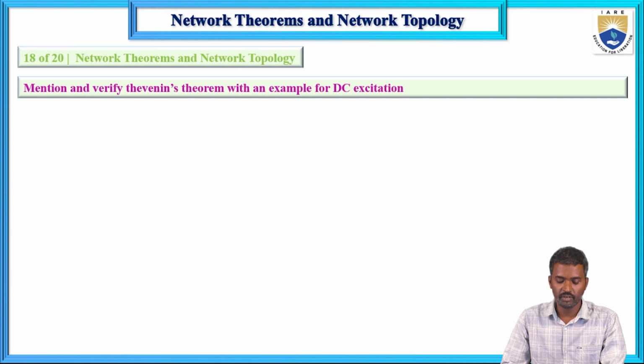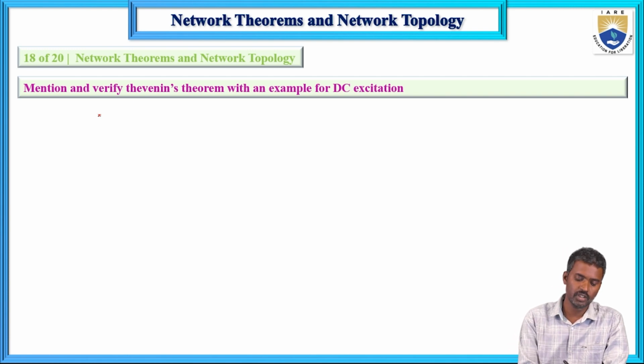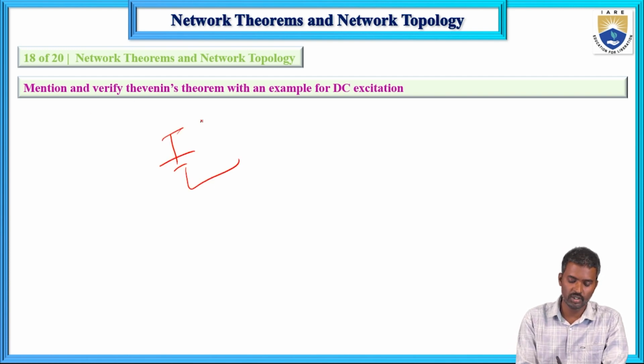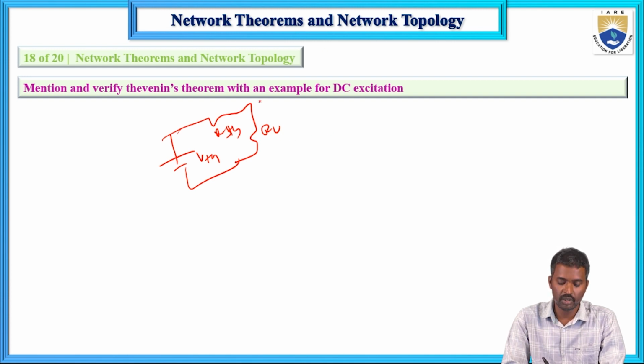Mention and verify Thevenin's theorem with an example for DC excitation. Verifying Thevenin's theorem means this: RL, RS, RTH and VTH. I considered 7 to 8 problems in the previous lecture, and I verified them.